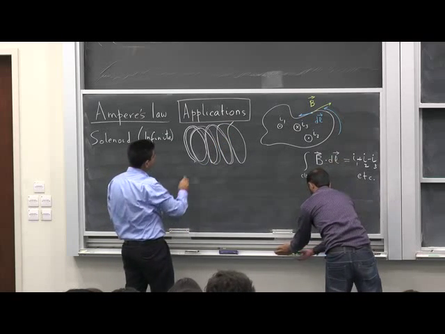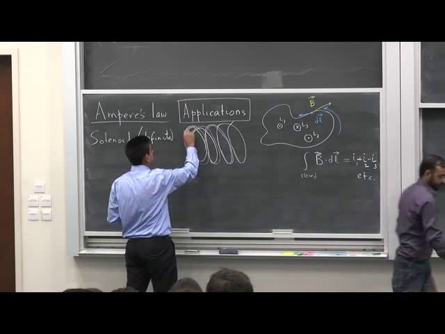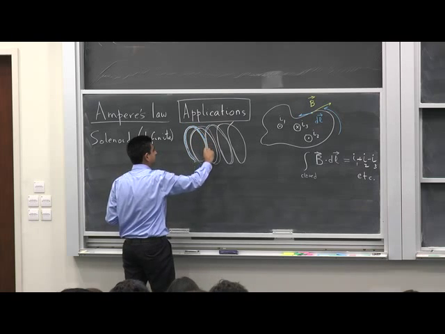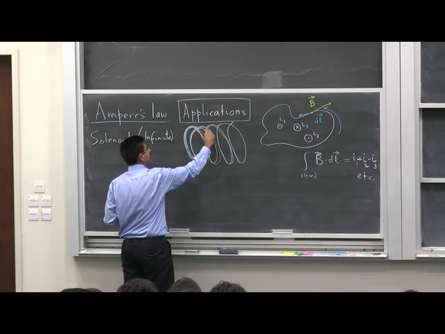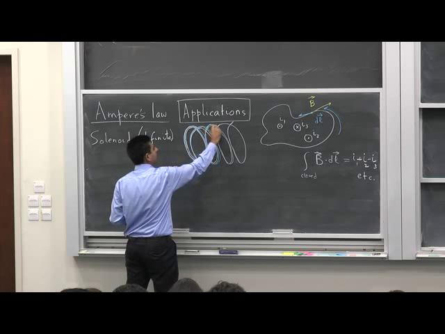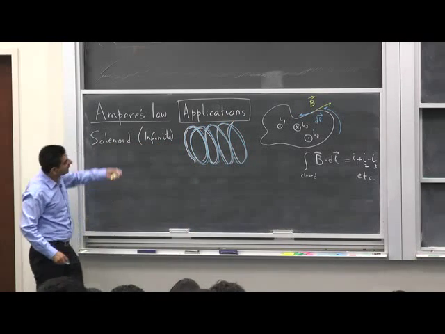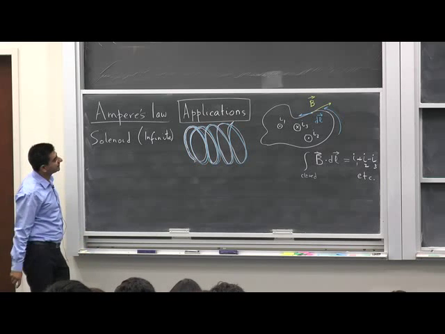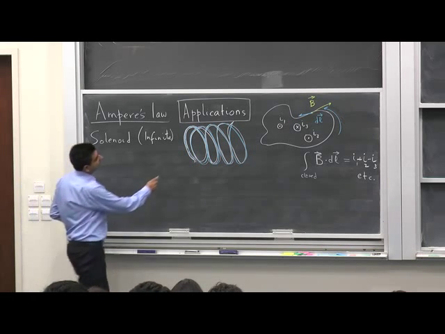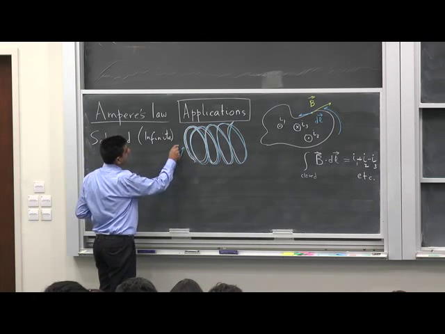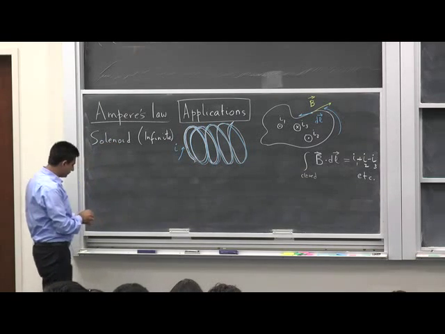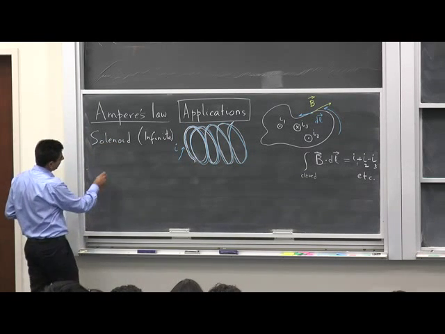However, if I were to draw a longitudinal section of this wire, current is flowing through this coil in a particular direction. If I were to draw a longitudinal section, this is what I would draw.